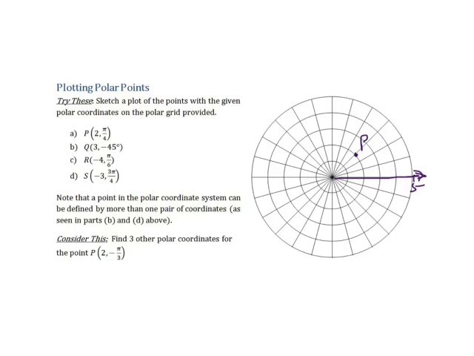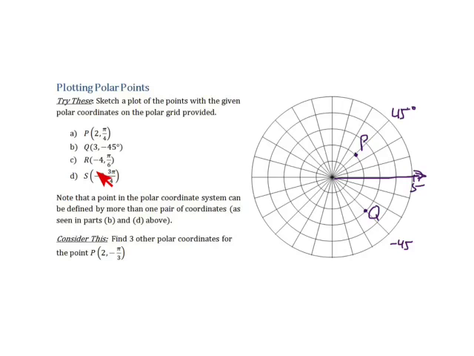So we're going to go out to 3, and we're going to go down to negative 45 degrees. Okay. So we have negative 45 here, and we'll be right out here. This was positive 45 here. Now, that was Q.